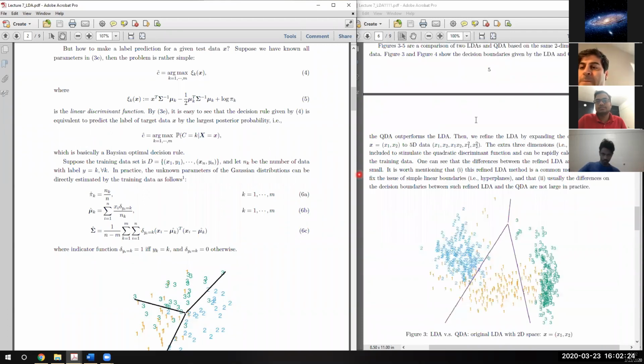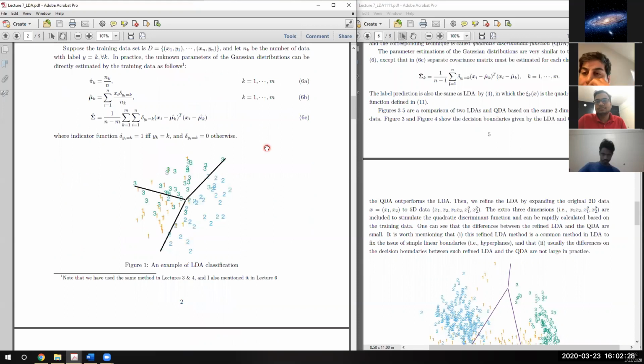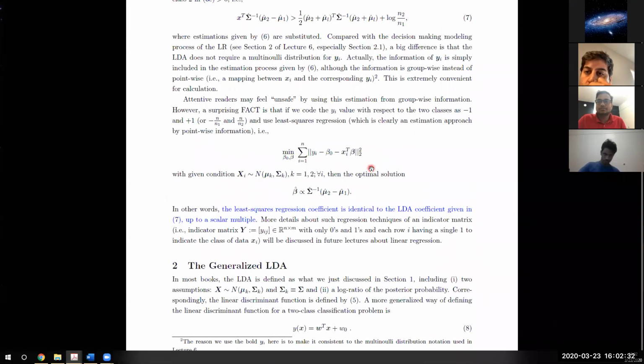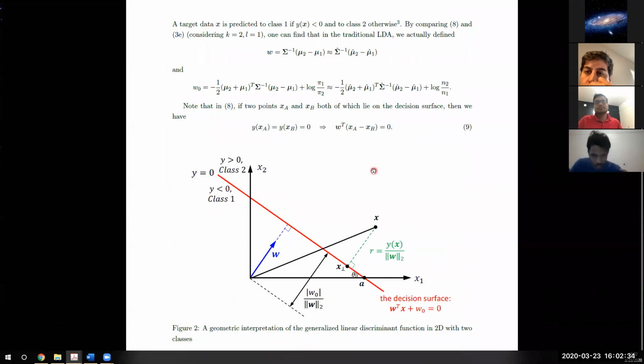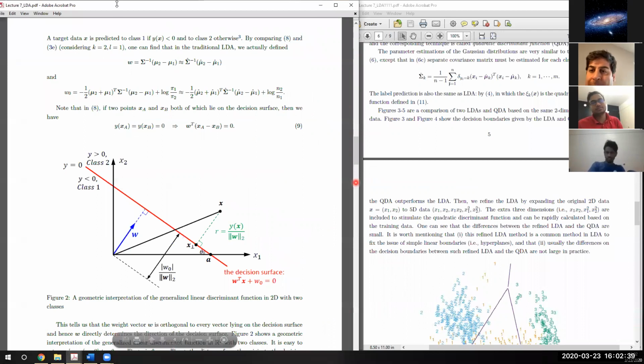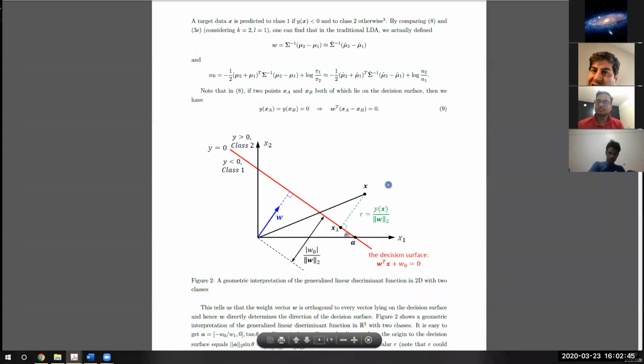Now I have an example here. Let me use part. Why so stupid? I cannot directly, let me see. How about I do it this way? Zoom full screen. Now can I do it?